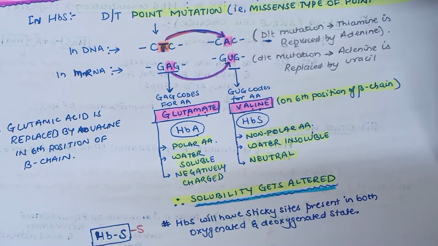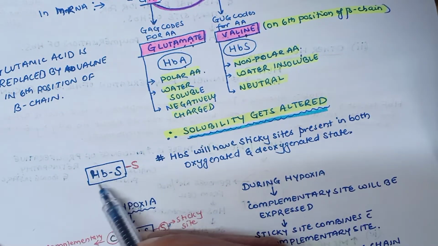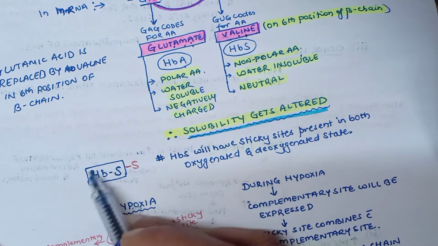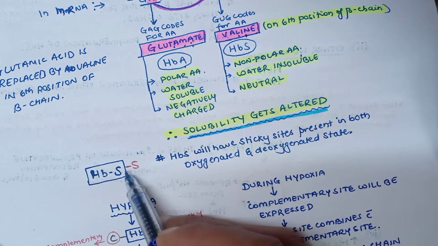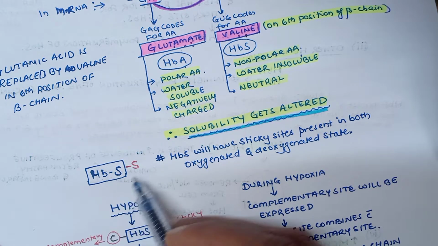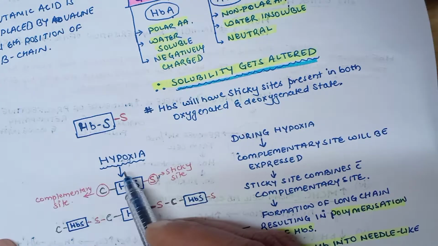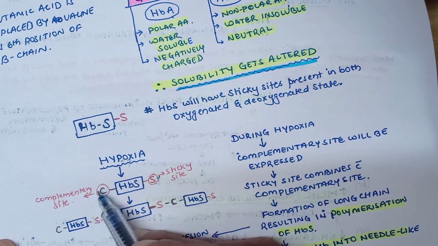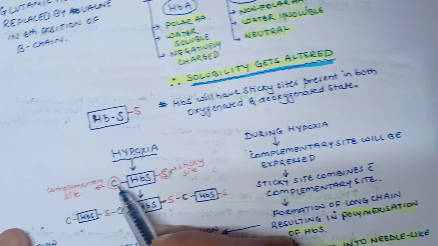Now this HbS, that is sickle cell hemoglobin, will have sticky sites on its surface, present in both oxygenated and deoxygenated state. During hypoxia, a complementary site will be expressed.